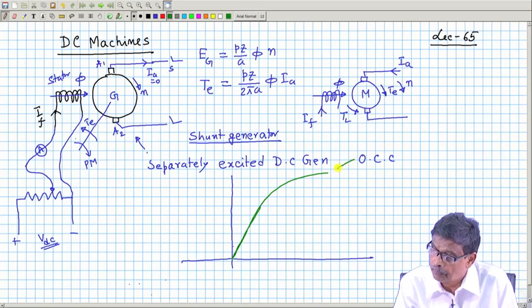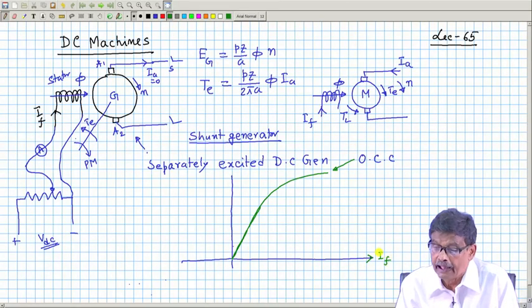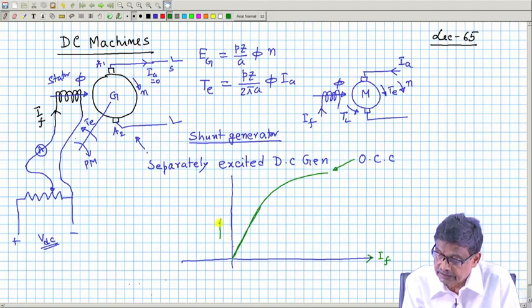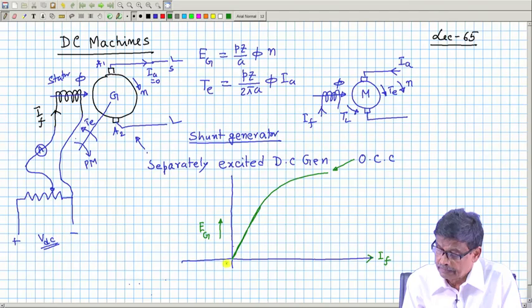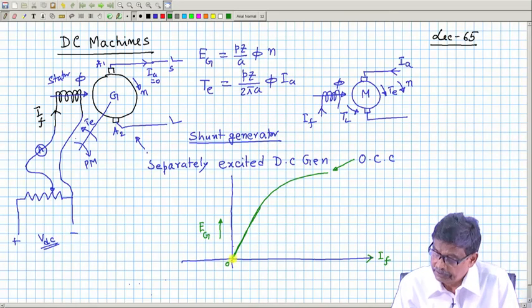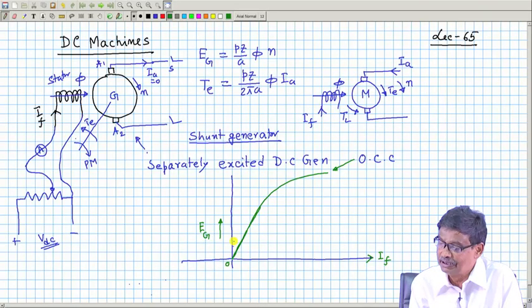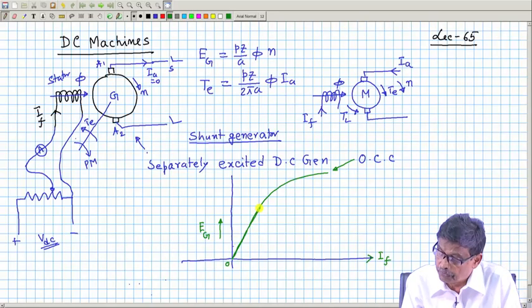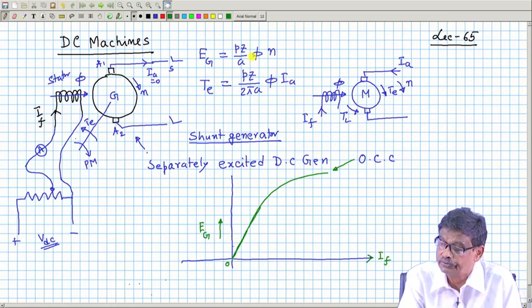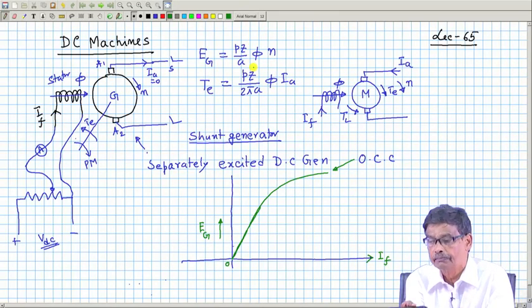So, this is the open circuit characteristics. Here you sketch the field current and here the generated voltage Eg. It follows the magnetizing curve, the BH curve sort of thing. This portion is the linear zone. This equation depends on phi, mind you, not directly on IF.